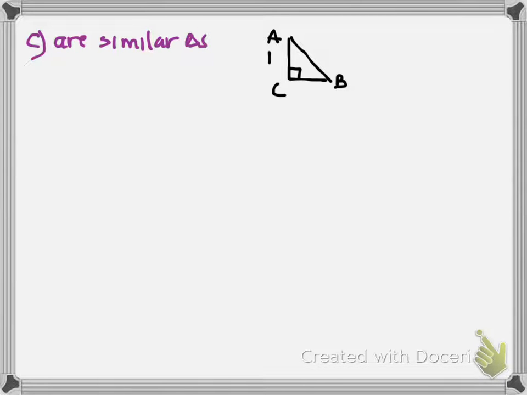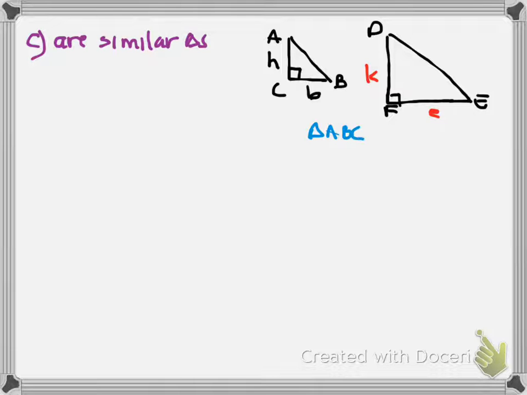We've got a height of H and a base of B. And then we've got the next triangle, and he's DEF, and its height is K and its base is E. And we're told the triangle ABC is similar to triangle DEF.